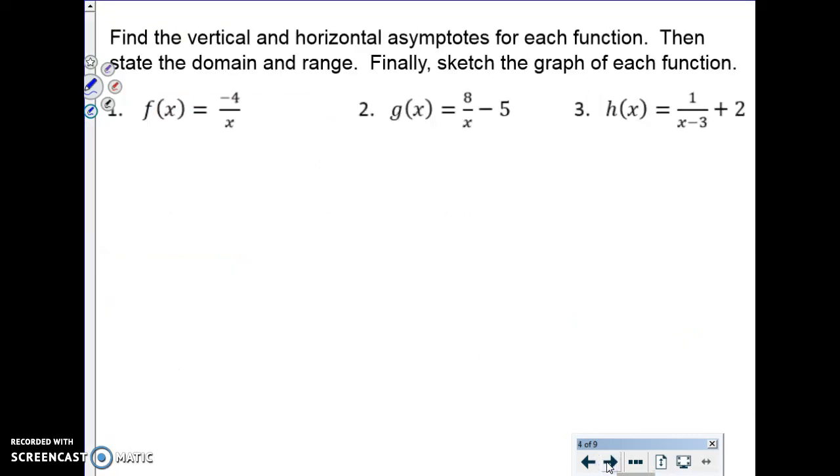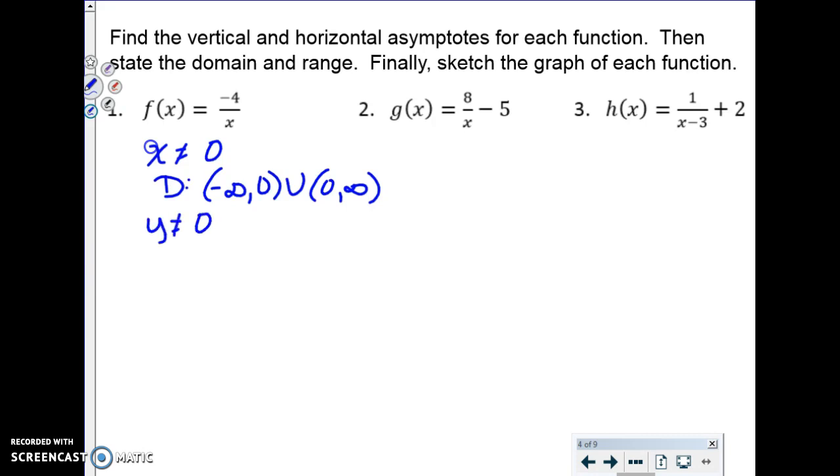And we're going to use some of that knowledge to sketch some graphs. We're going to find the vertical and horizontal asymptotes for each function, state the domain and range, and then sketch the graph. So number 1, we know that x cannot equal 0, and that means my domain in interval notation looks like this. Turns out that there's no vertical shift, so the range is also going to be that it does not go through 0, and it's going to be the same.